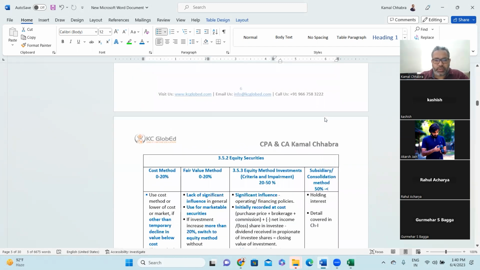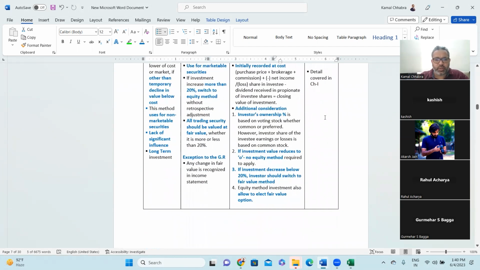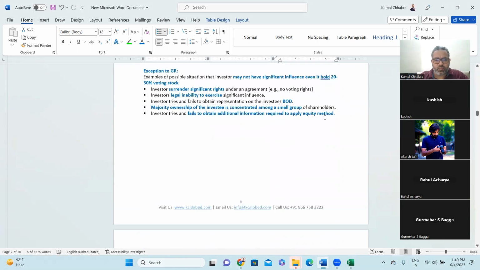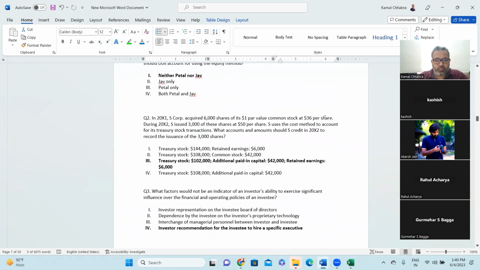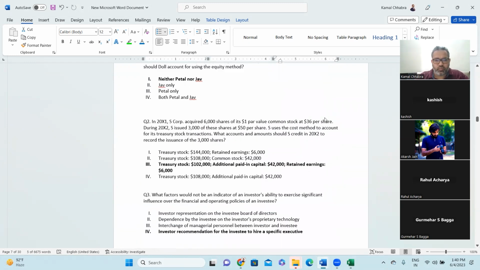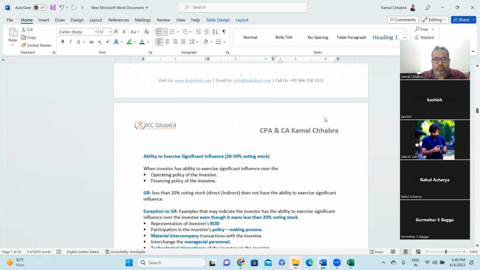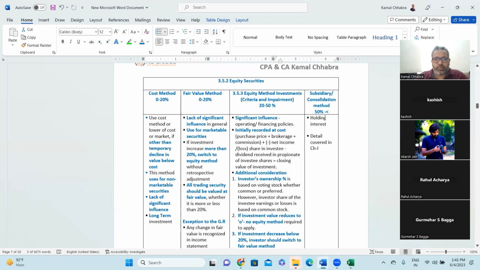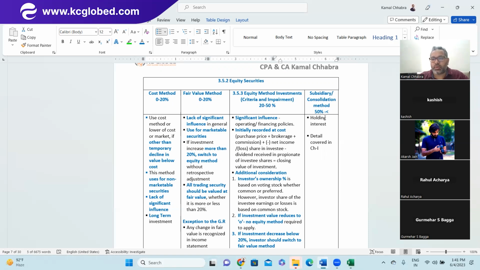Okay, so the next topic we have is equity security. Shall we do this, or do you want to hold here? Sir, if possible, let's park it for the next class. Next class? Rahul, Akash, Kashish, what do you say?